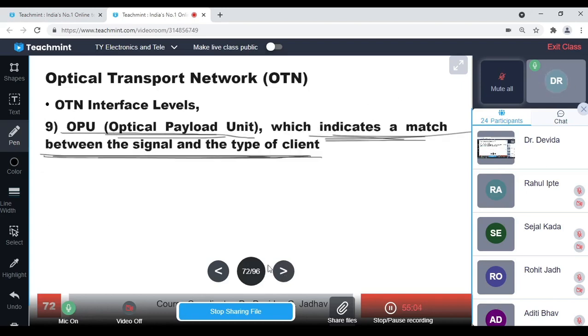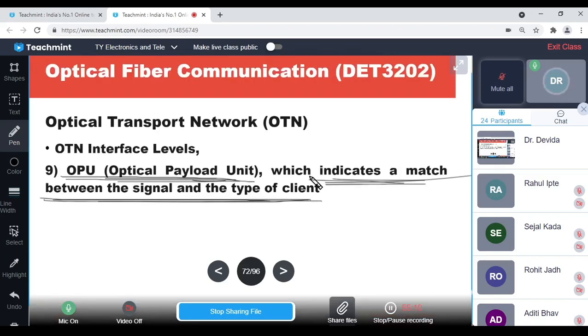So data unit and payload unit. The payload unit, OPU, optical payload unit, indicates the match between the signal and the type of the client. So it has to observe and take care of such matching.